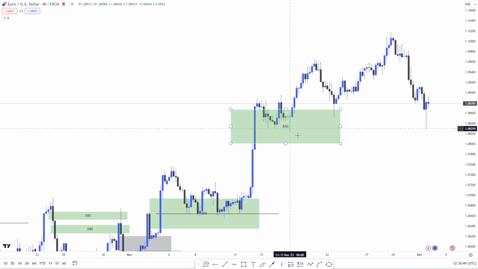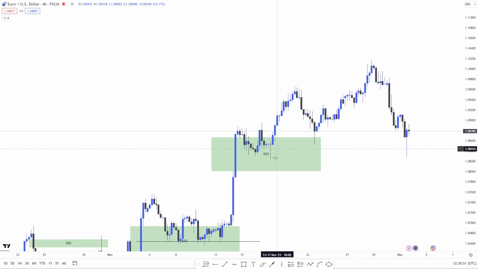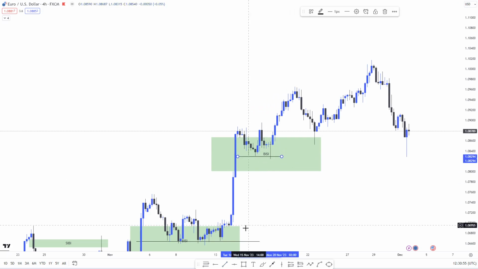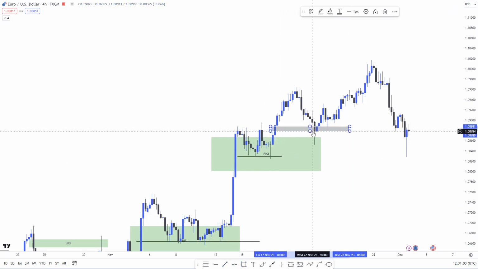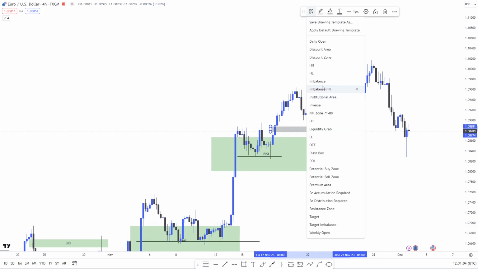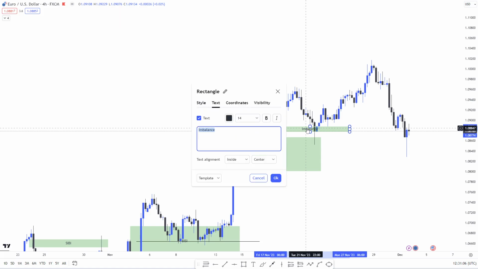Another BISI is left. Price expands after sweeping liquidity within this BISI right here. Creates another BISI. What's very interesting about this BISI right here? And the BISI, again, what is it? It is buy side imbalance, sell side inefficiency.